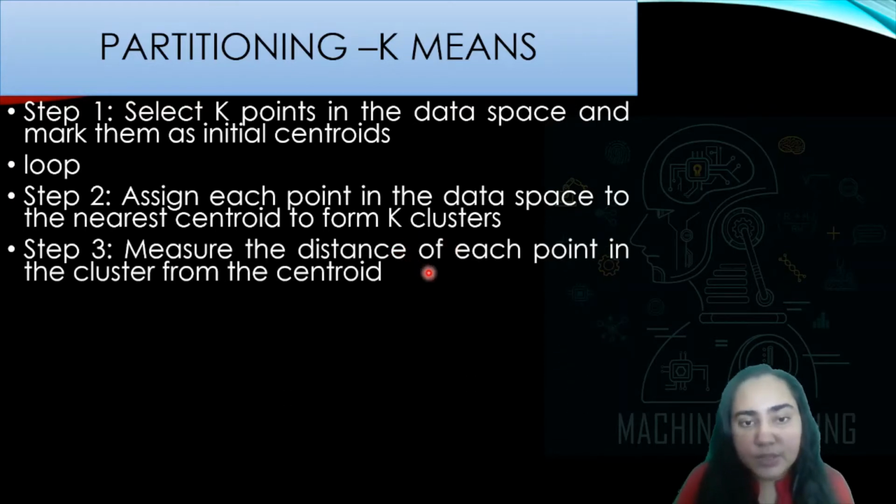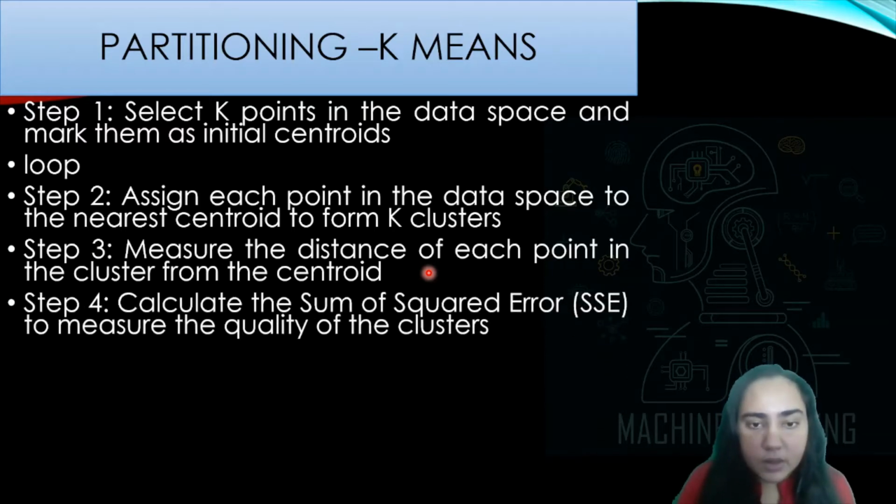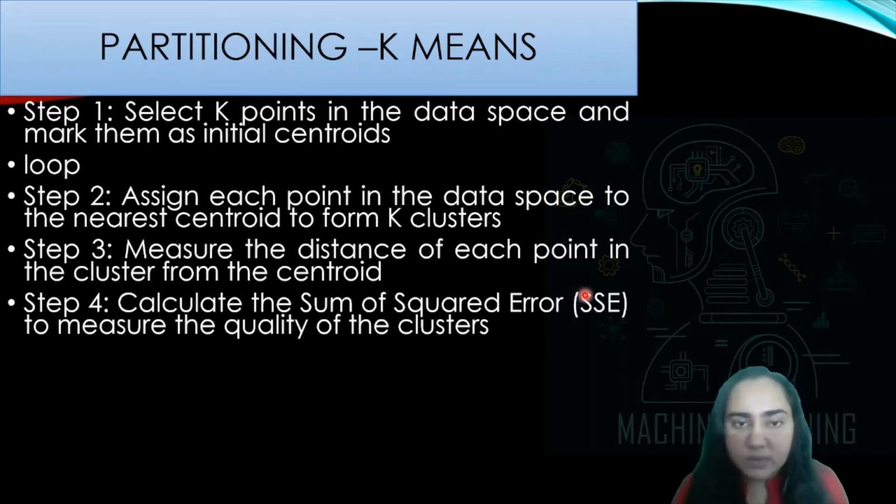Next, you measure the distance of each point in the cluster from the centroid, because you have divided them into clusters now. Then you calculate the sum squared error, which is SSE, to measure the quality of your clusters.